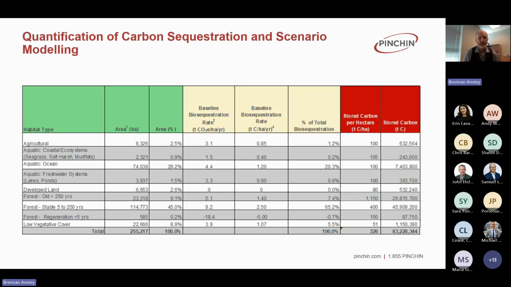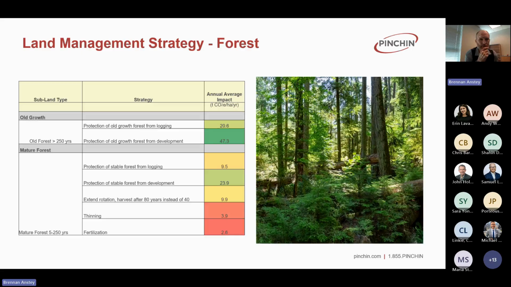It's a bit complicated. I don't need you to understand it all, but I'm gonna walk through the different steps, and then we'll talk about kind of the punchline, to help them answer their question of how they can best manage their land to sequester the most carbon, which was kind of the point of the assessment. So we looked at different levers for forests. We looked at different logging practices because a lot of the forests within the land were being logged.